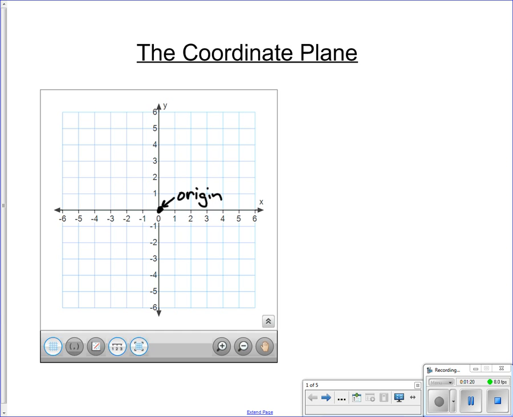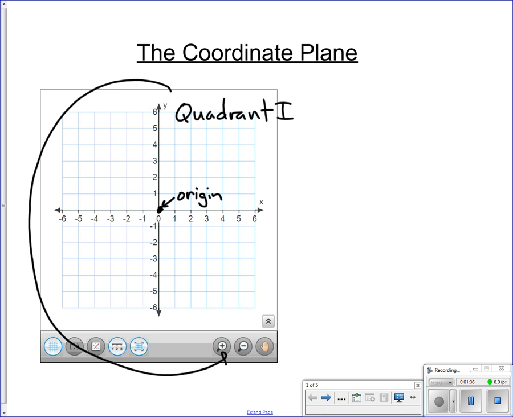By intersecting the x and y axis, we create 4 quadrants, or sections, and we call them quadrants. The first quadrant is the upper right-hand corner, and that's quadrant 1. And then we move counterclockwise, which means we're going to move this way around. So this one's going to be quadrant 2.